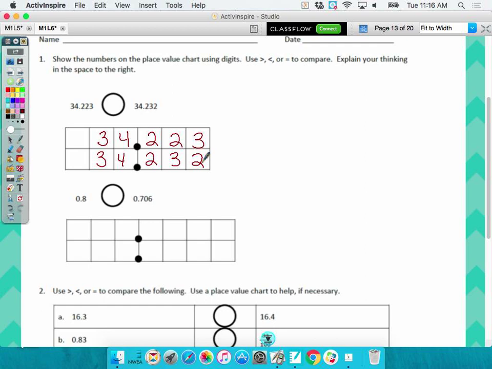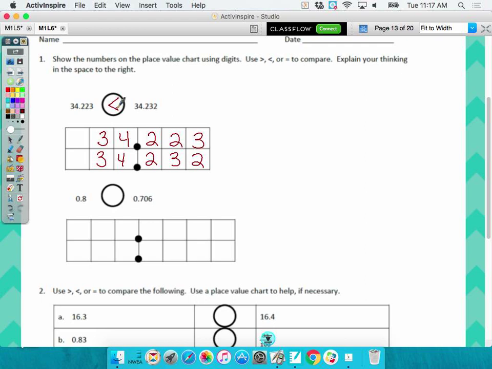Now, we talked yesterday about how we look at the place values and we find the one that's different, the first one that's different. Aubrey, which one is different? 2 and 3. 2 and 3, and what place value is this? You're right, the hundredths. So the 3 is larger in the hundredths place. So that makes 34 and 232 thousandths the larger number.